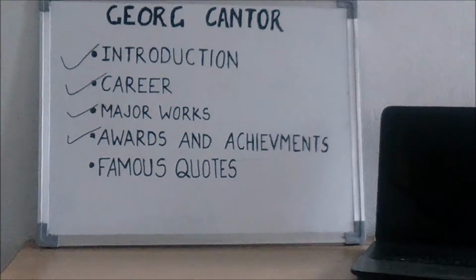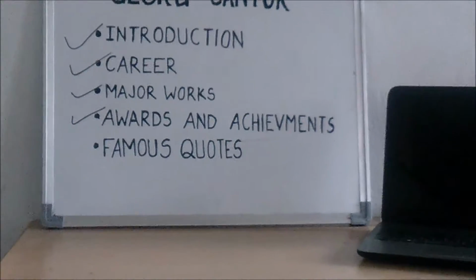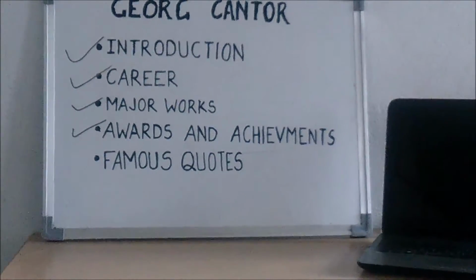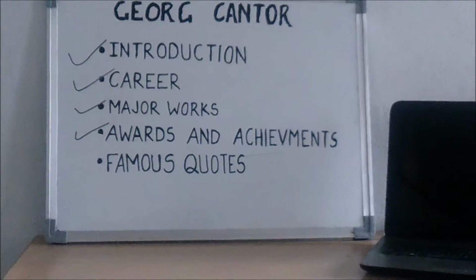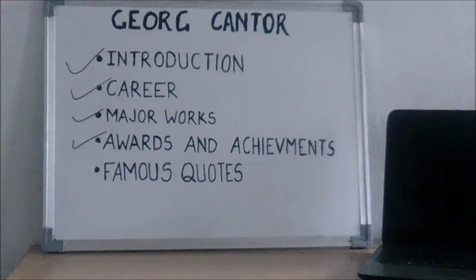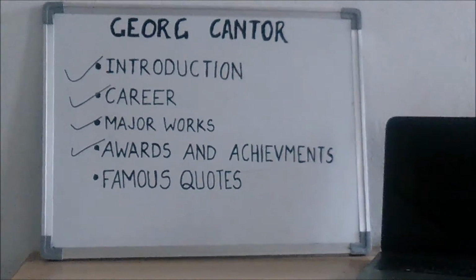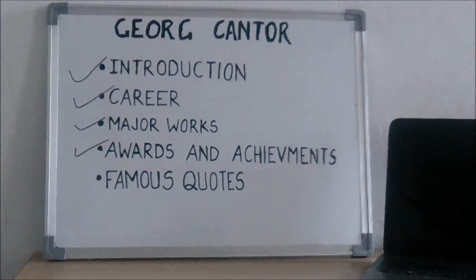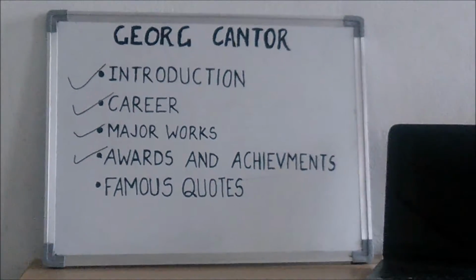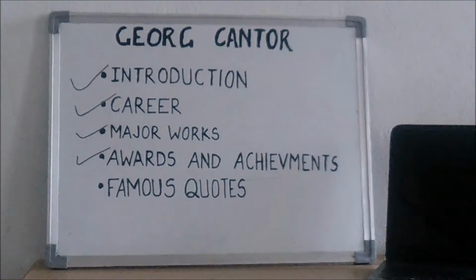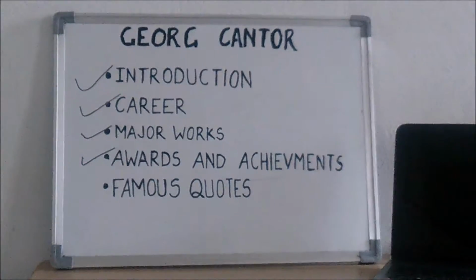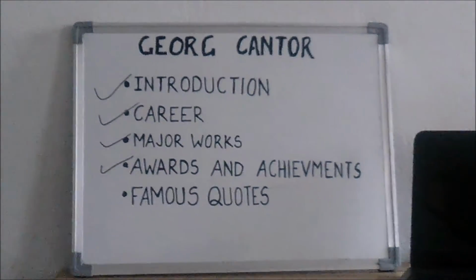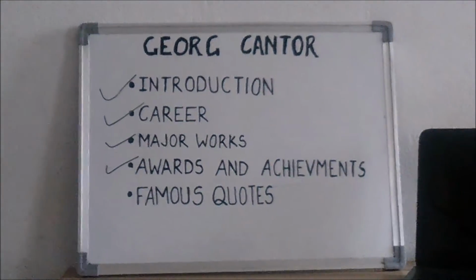Some of the famous quotes are: my beautiful proof lies all in ruins. Second, the essence of mathematics is in its freedom. Third, some infinities are bigger than other infinities. Okay, so this was Georg Cantor, the famous German mathematician.